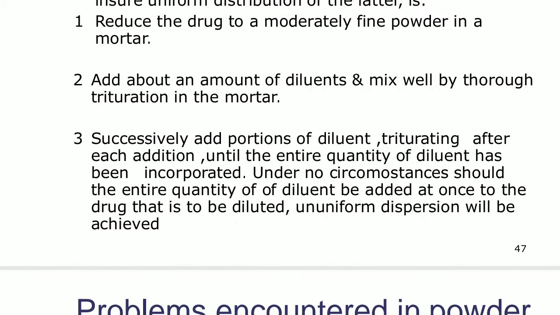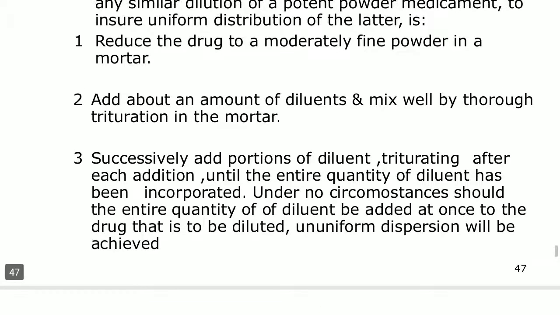Successively add portions of diluent, triturating after each addition until the entire quantity of diluent has been incorporated. Under no circumstance should the entire quantity of the diluent be added at once to the drug that is to be diluted. Uniform dispersion will be achieved.